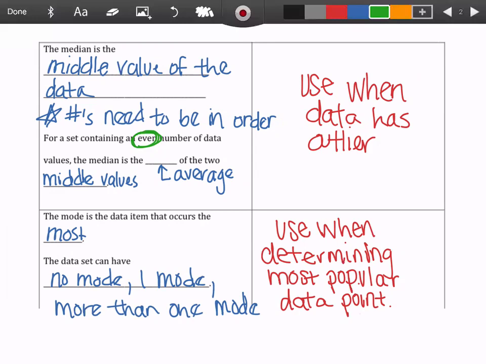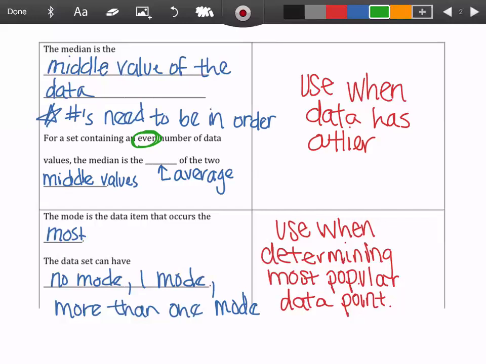The data set can have no mode, one mode, or more than one mode. There could be like 3 modes in a set of data points. You use the mode to describe a data set when determining the most popular data point.